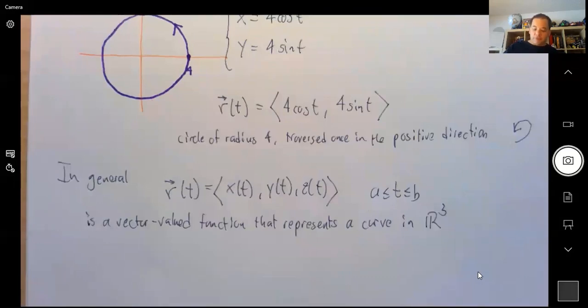And we'll start by talking about lines. One special type of parametrization that we need to learn really, really well, which we did already for parametric equations, so this will be a little bit of a review, is when we parameterize lines or line segments.